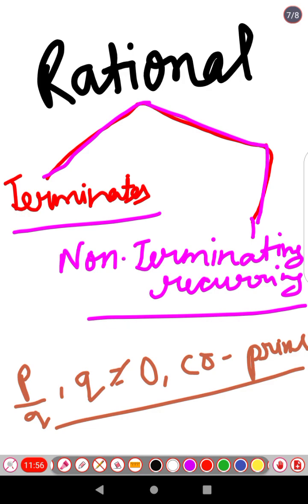A rational number is any number which can be written in the form p by q, where q is not equal to 0 and both are co-prime. Co-prime means both are in simplest form. And here it is not complete. We have to say and the decimal expansion of a rational number is terminating or non-terminating recurring. That's the final definition of a rational number.